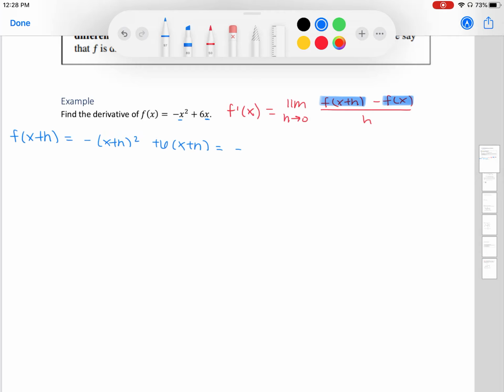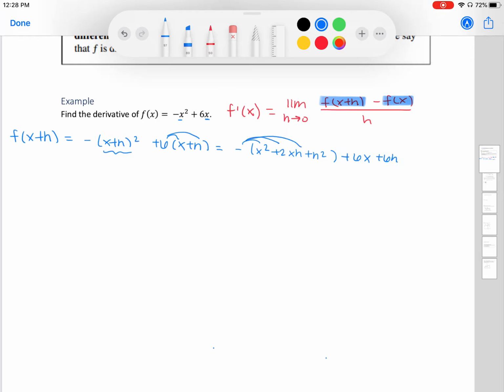We have to square this first, so that gives me x squared plus 2xh plus h squared. And then we can distribute that 6 so that we have plus 6x plus 6h.